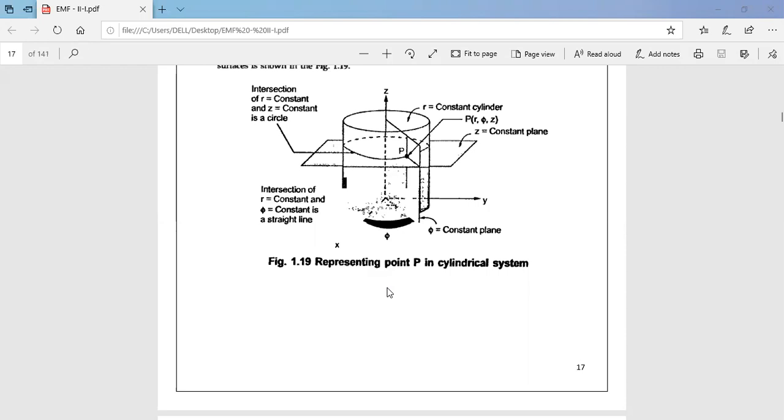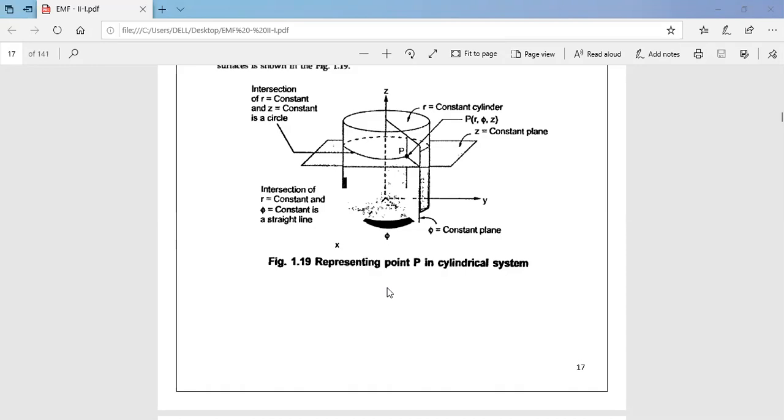You have to integrate this with respect to Q from 0 to whatever values you're given, right? So say R equal 6, phi equal pi by 6, and Z equal 3.